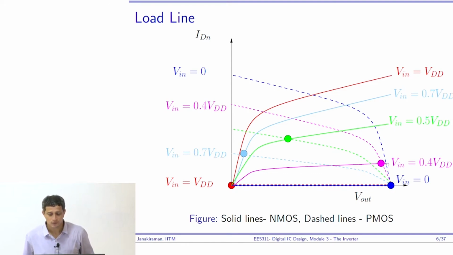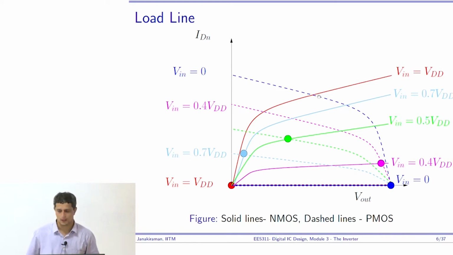I also pointed out that there are many other points of intersection with the other curves, like the blue dotted line intersects the magenta line, green line, light blue and red line, but those intersections have no meaning because they are actually for different Vins, and therefore don't get put off or confused by those points of intersection.